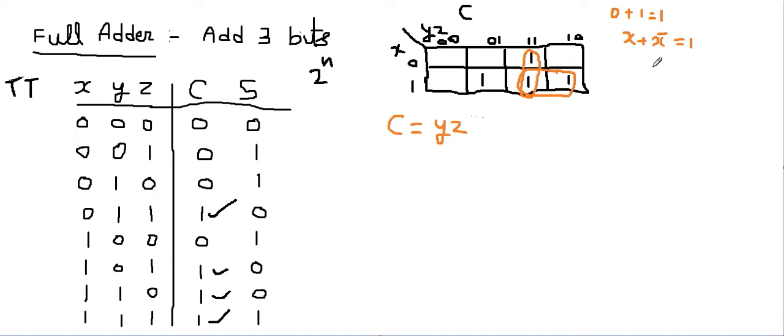So whether it's 0 plus 1 or 1 plus 0, it will be 1, and if both the inputs are 1, then it will be 1, right?